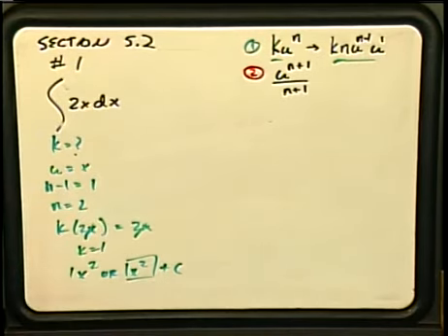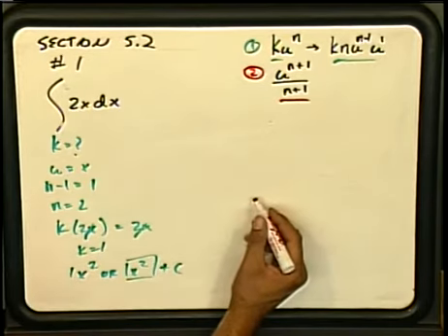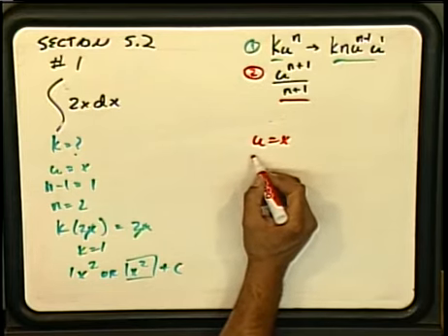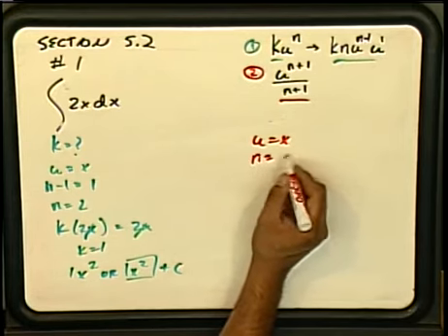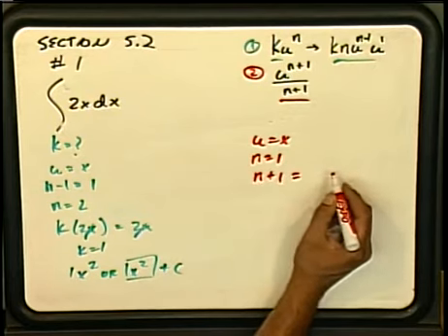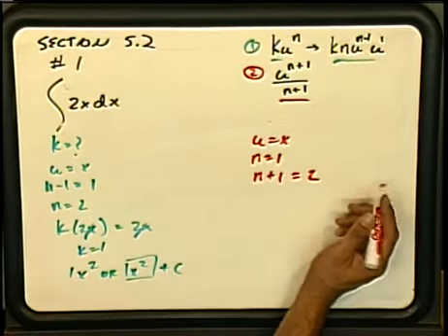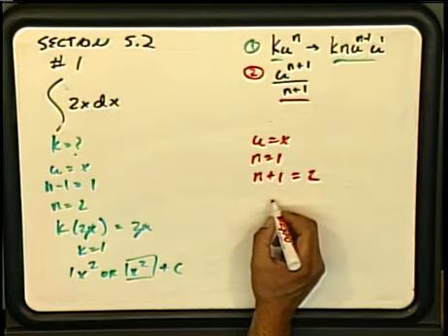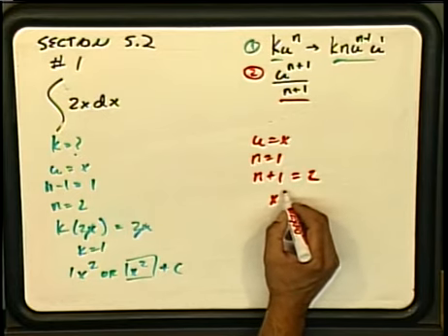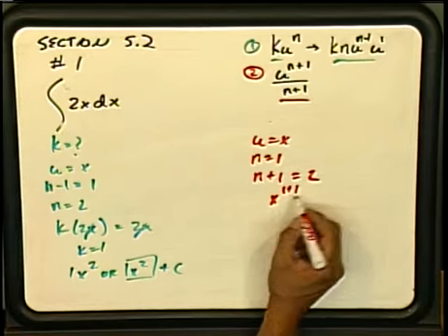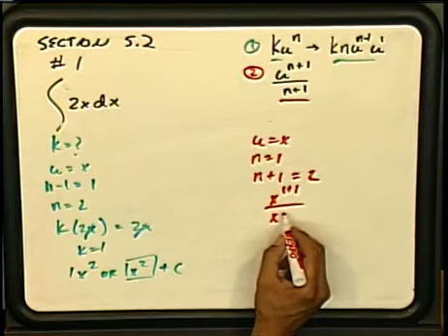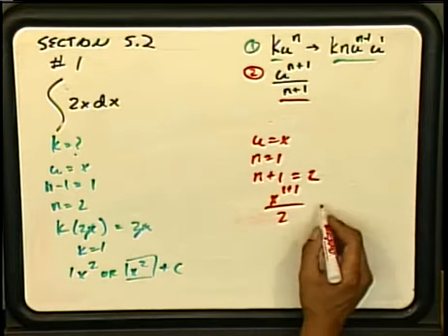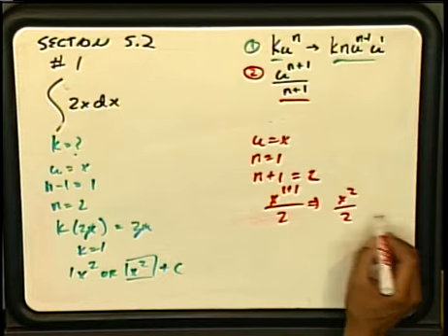Second method, use this equation. U equals x, n equals 1, n plus 1 equals 2. And I solve x to the 1 plus 1 over 2, which is x squared over 2.